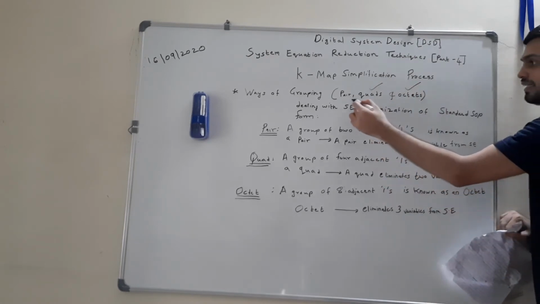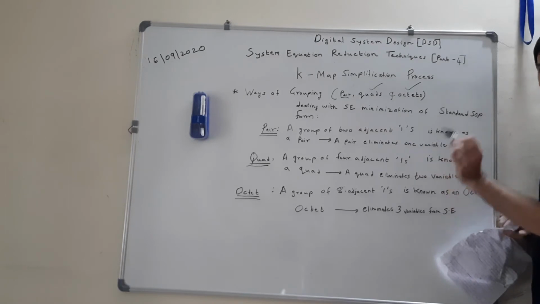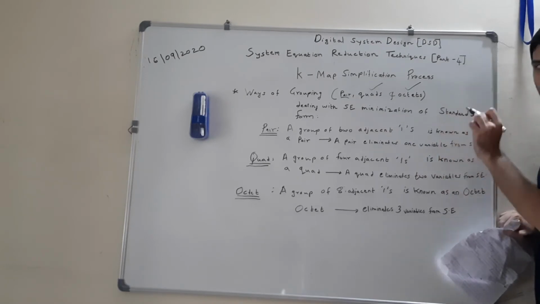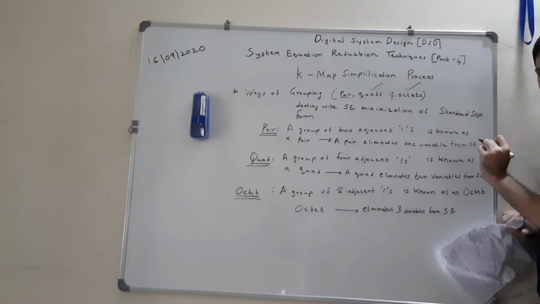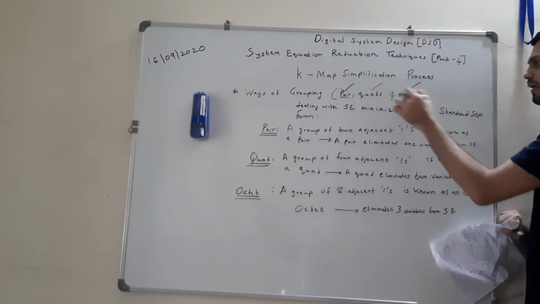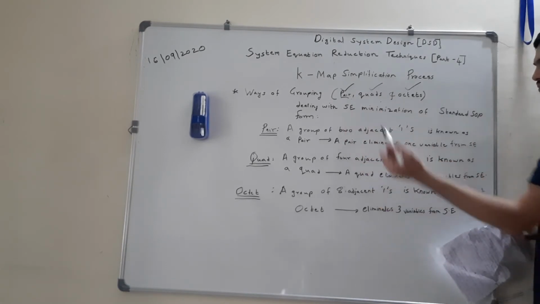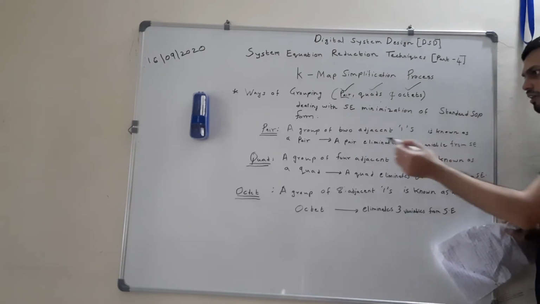So adjacency is very important. If the 2 ones are adjacent to each other or present in adjacent cells, then and only then can we form a group out of this. And groups can be of the type pair, quad and octet. Now firstly we will understand what is a pair. Now this definition I have written over here. What is a pair?